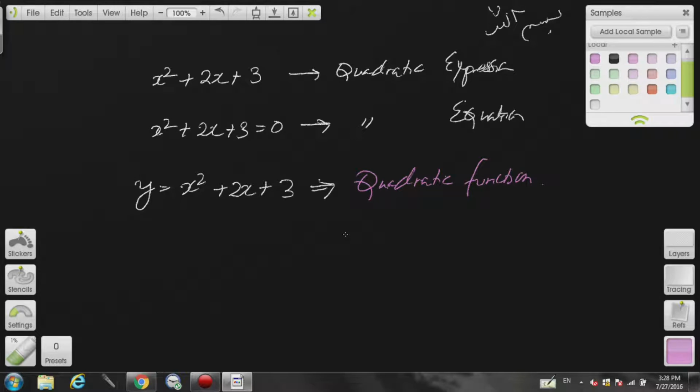Do you understand? So, quadratic expression, equation, and a function. Here, you solve for x, you get 2 answers at most, right? Here, there's nothing to solve. It's not even an equation. This is a function. You can't solve this, there's no 2 answers. It's a function, okay?